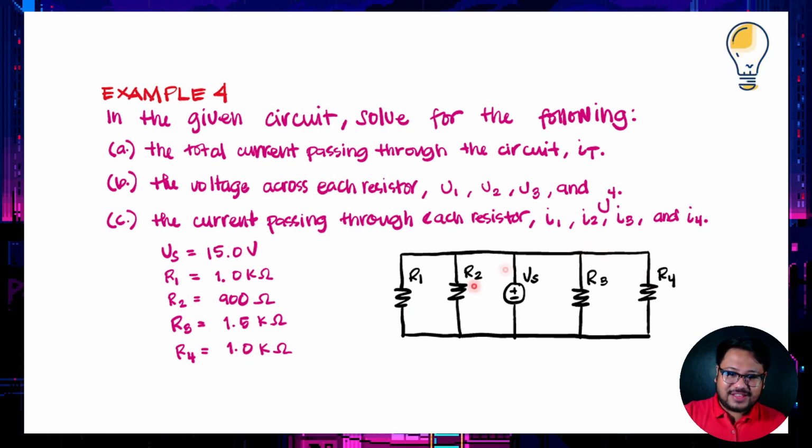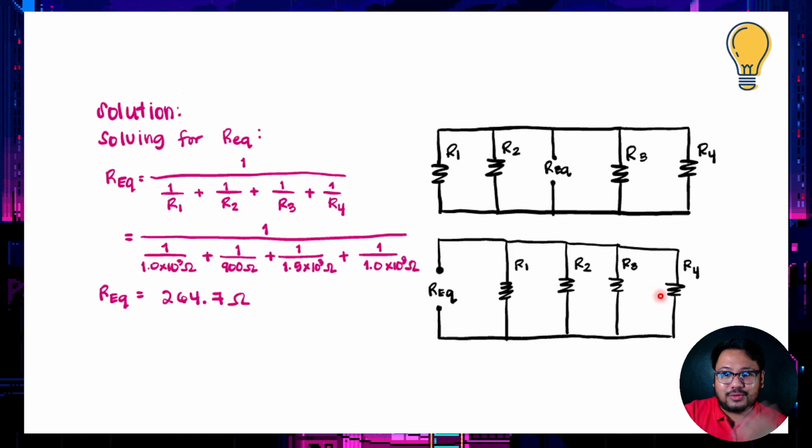So we now have this circuit configuration wherein we have the voltage supply across R1, R2, R3, and R4. Before we could start solving for the total current, it is better to represent all our resistors as one resistor. So we have to get the equivalent resistance. For us to get the equivalent resistance, we could open our circuit through the voltage supply.